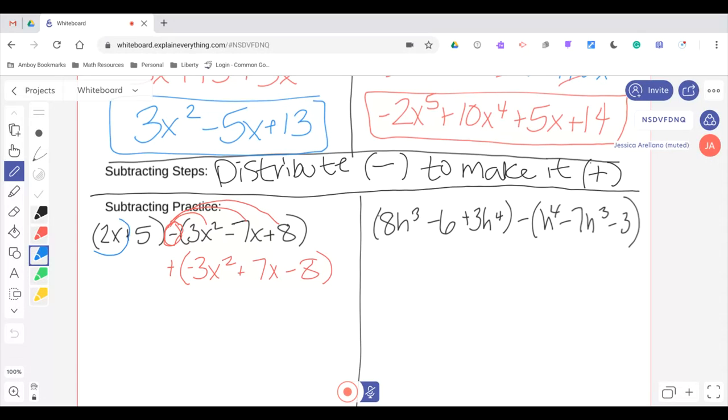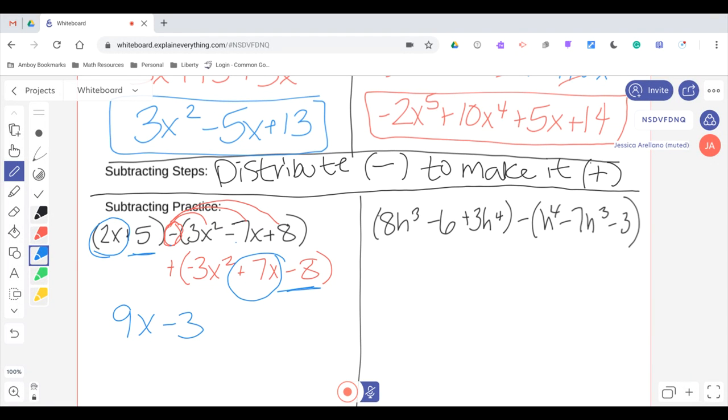When I combine 2x and positive 7x, I didn't have to think minus negative. I can just say plus. So 2x plus 7x makes 9x. 5 minus 8 is negative 3.